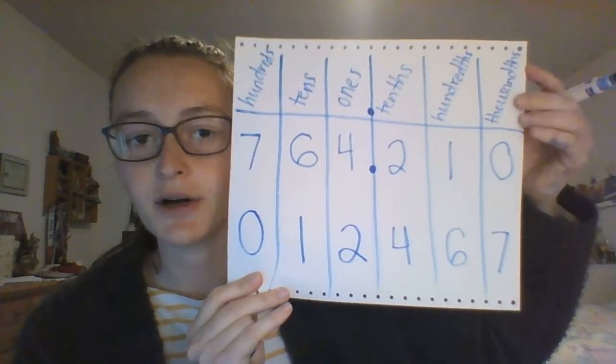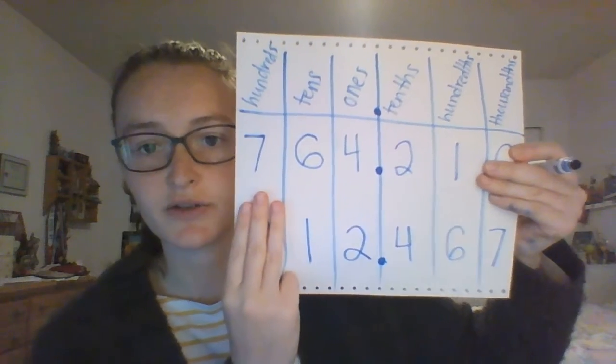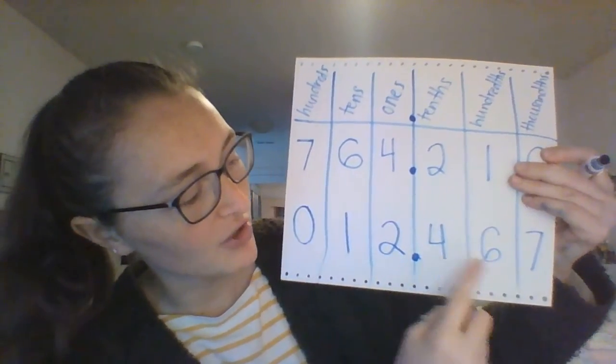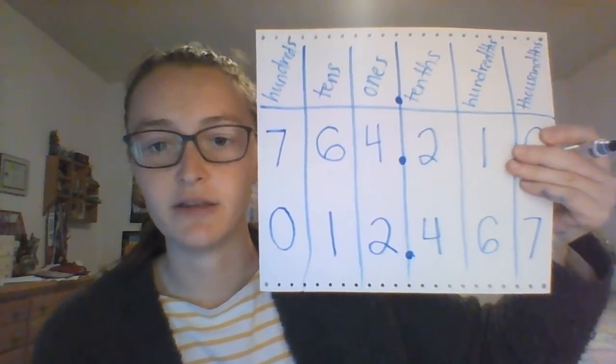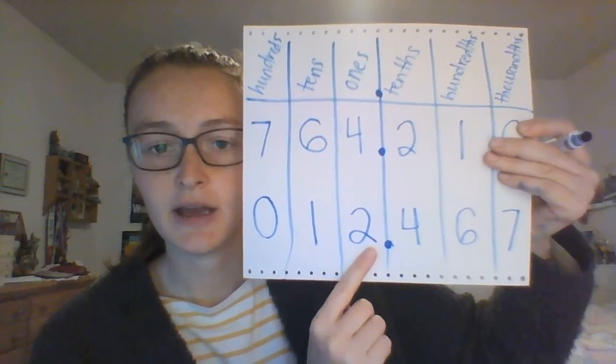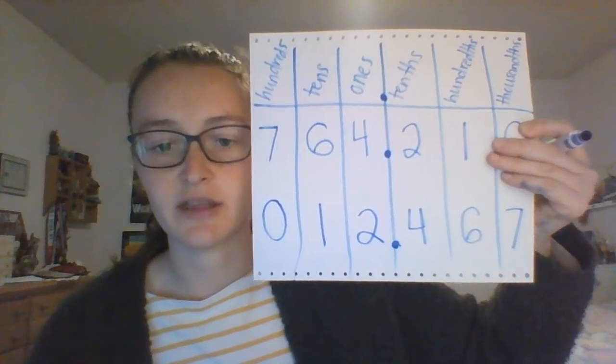So our smallest decimal, let me put in the decimal point. Our smallest decimal is, since there's no hundreds, 12 and 467 thousandths. Again, we say 12 and 467 thousandths.